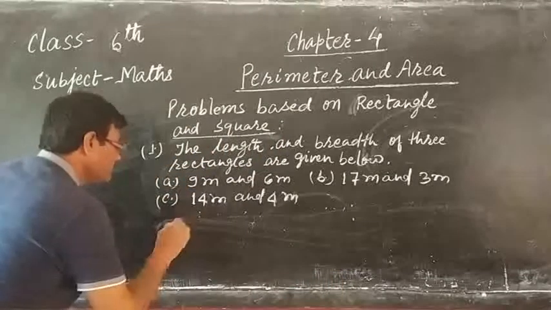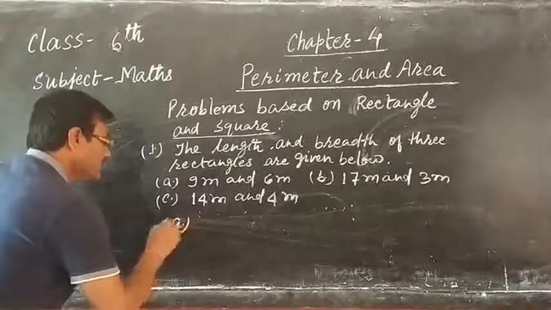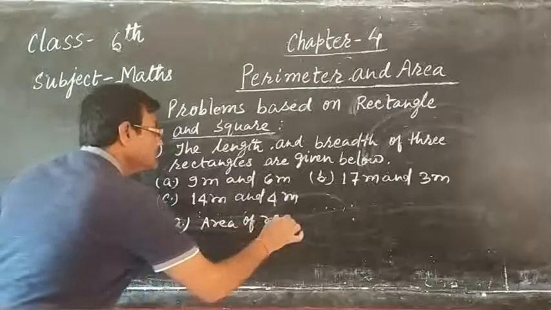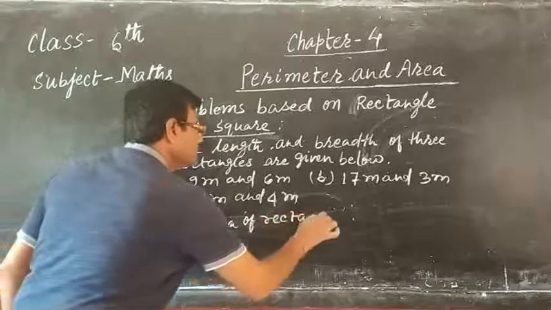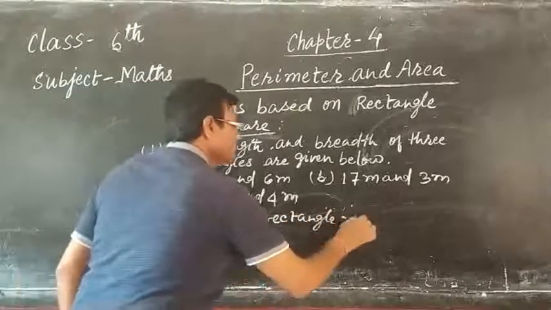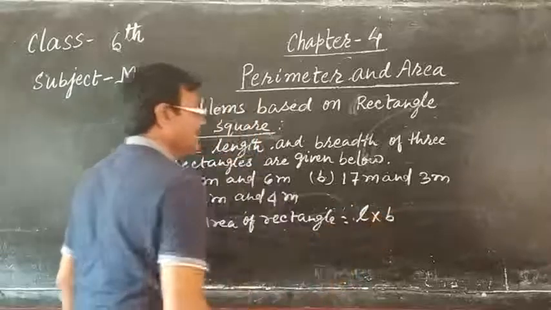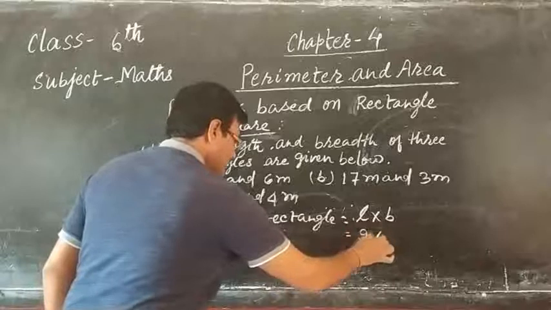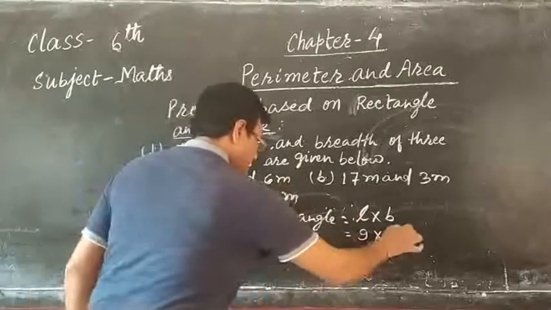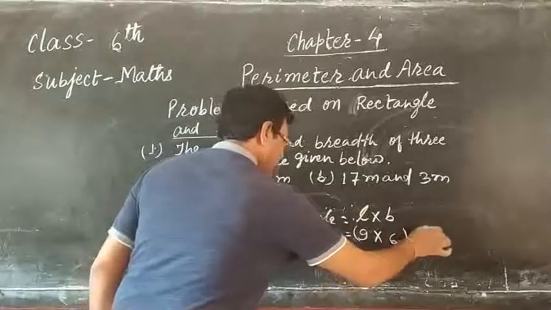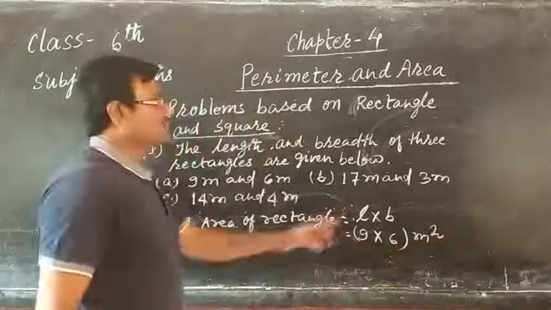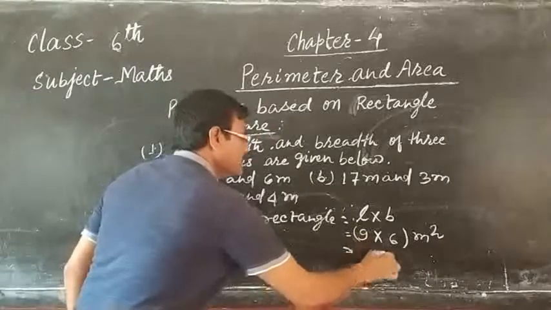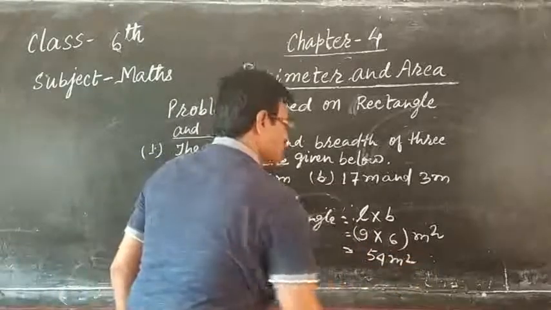Area of rectangle is equal to length into breadth. Length is 9 meter and breadth is 6 meter. Meter and meter multiplied together become meter square. Now 9 sixes are 54 meter square.